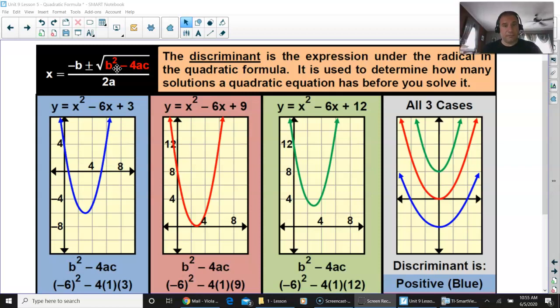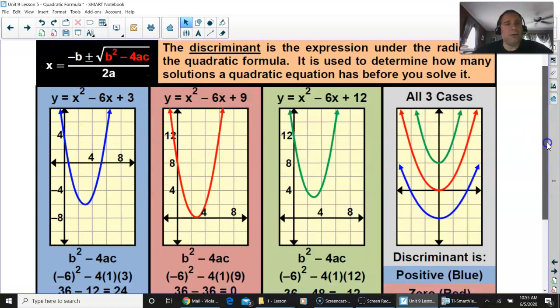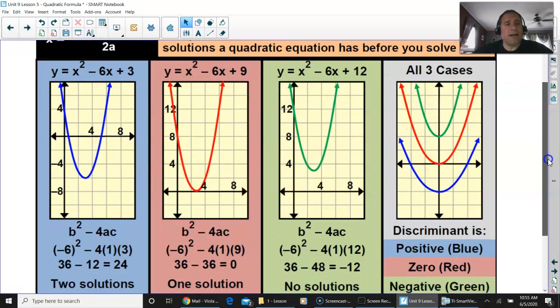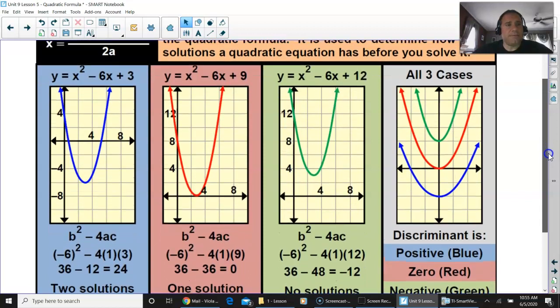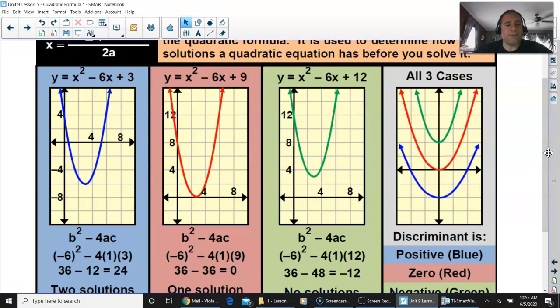That is the discriminant. So remember, it has to be in standard form, and you have x squared minus 6x plus 3. With this discriminant, you could tell how many solutions the quadratic is going to have before you even solve it.